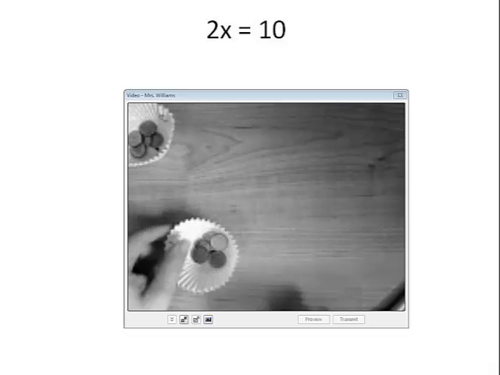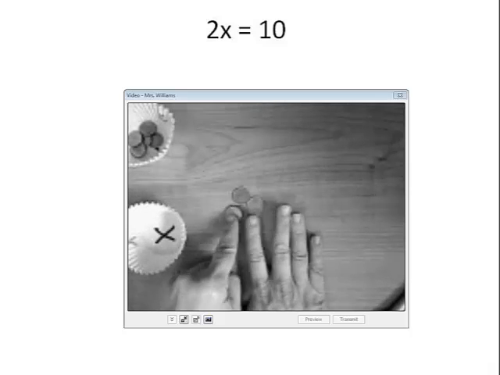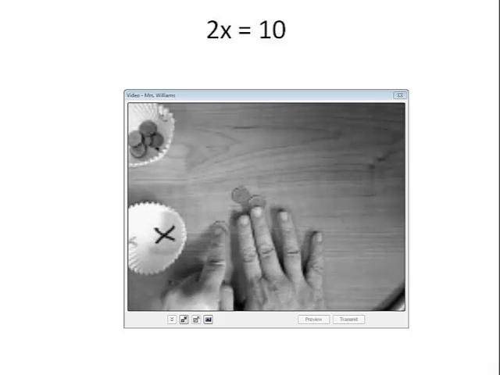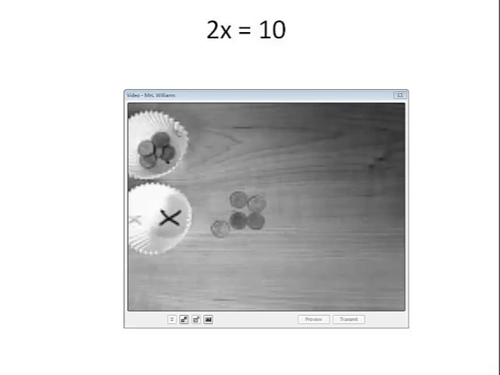And let's take 1 X box away because we want to know what each X box is equal to, and there's 5 pennies in that X box, so we could write X is equal to 5.